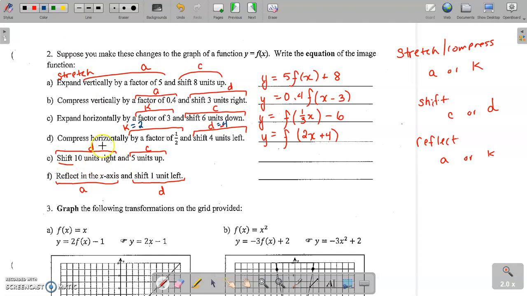Now here, shift 10 units to the right. That means here your d value is 10. 5 units up, your c value is 5. So your transformed function would look like f of x minus 10 plus 5.